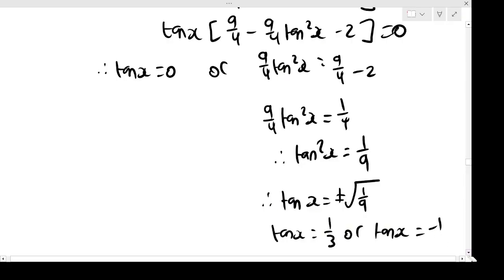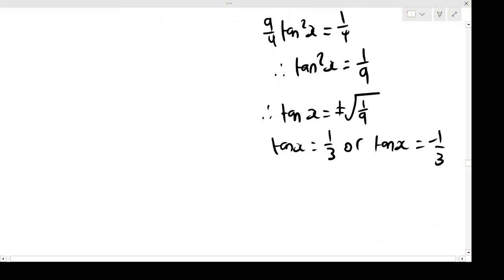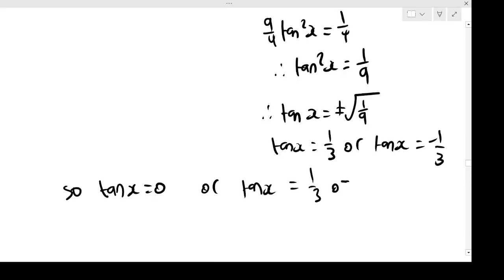And there we are. And so actually, if I now bring all these equations together, we need to solve tan x is 0, or tan x is equal to 1/3, or tan x is minus 1/3. And so we need to go on to solve all of them, right?